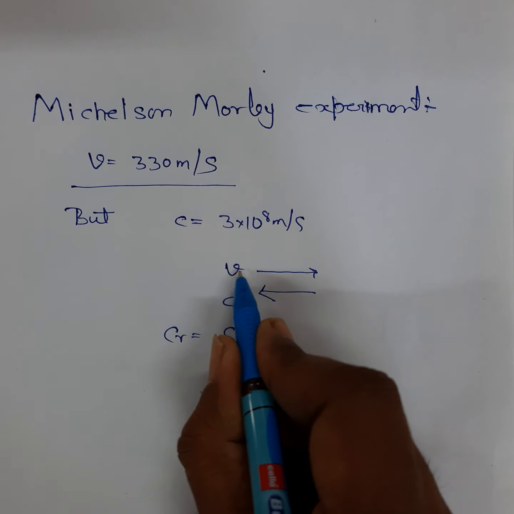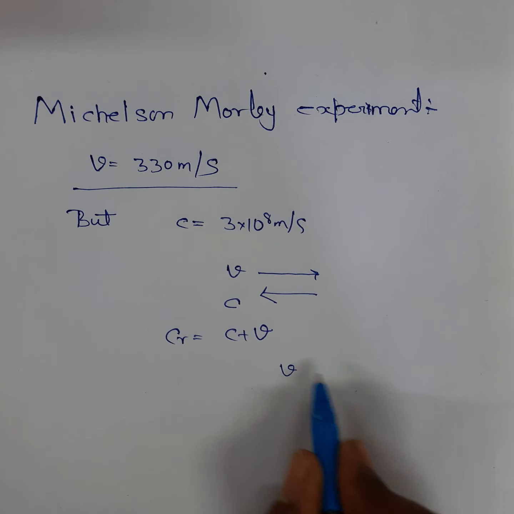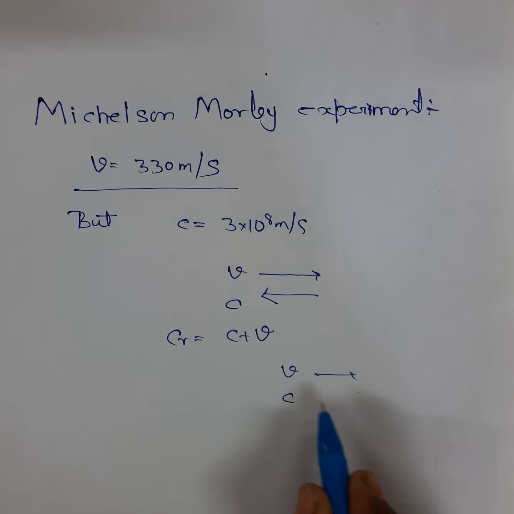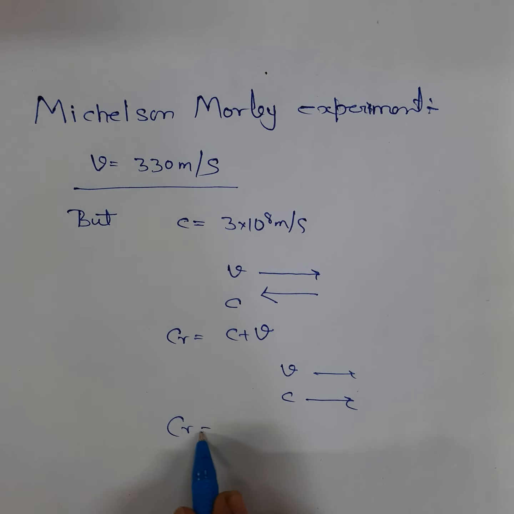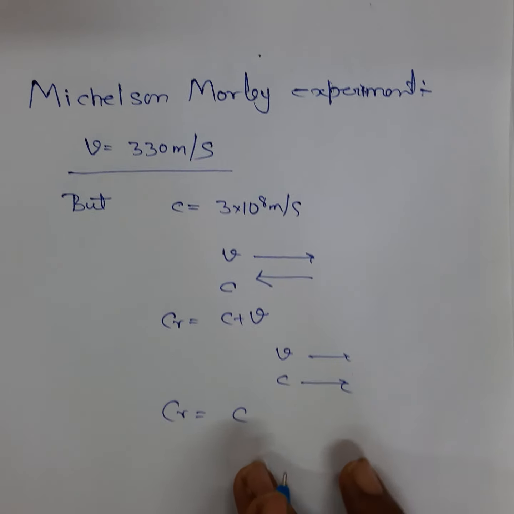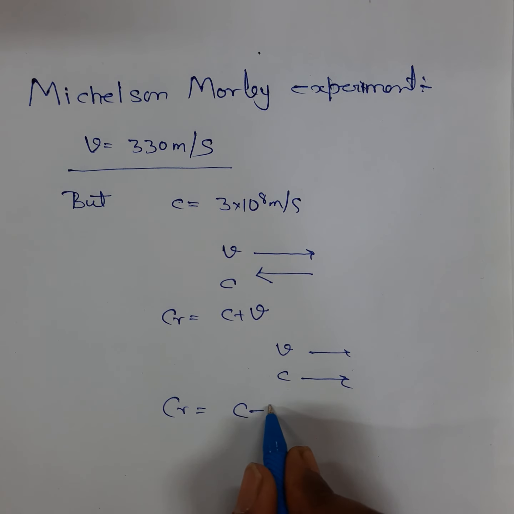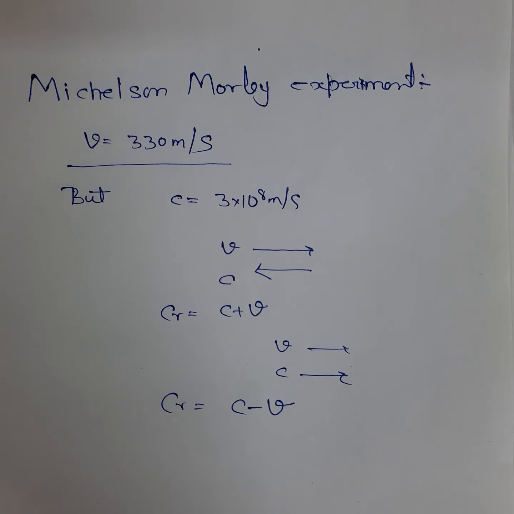But if the observer is moving in the same direction as the light, then in this case the velocity of light should be c minus v.